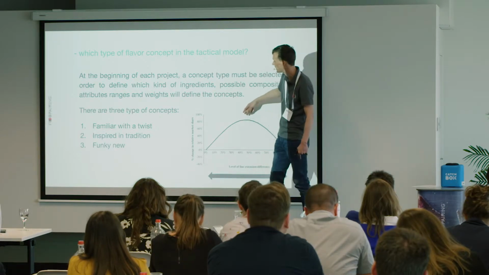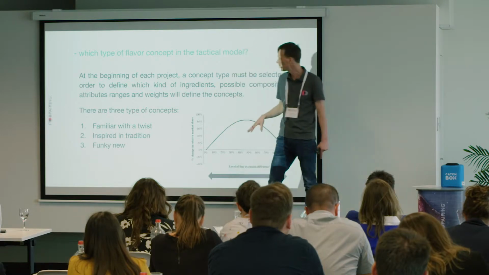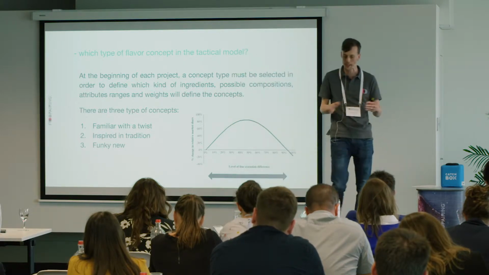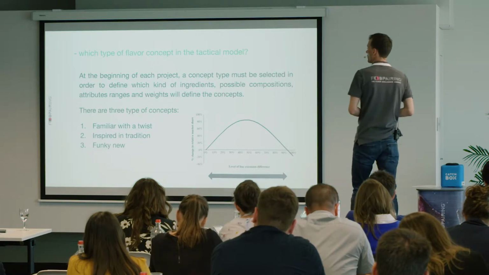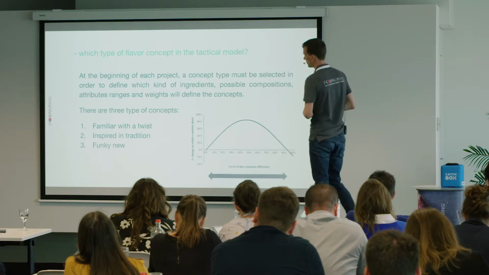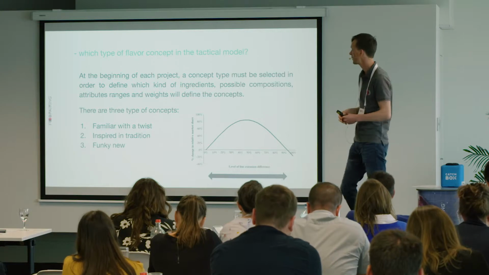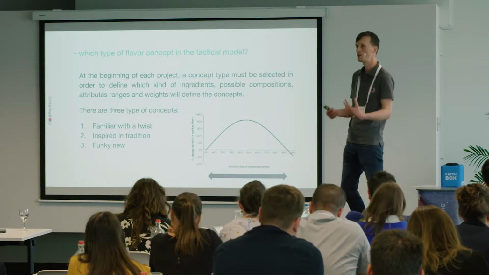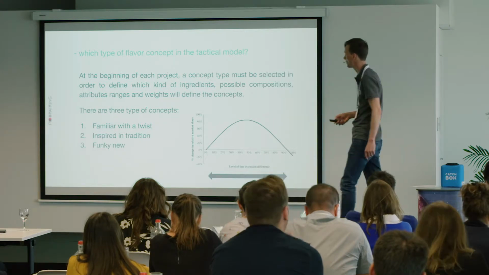This is more familiar with a twist, and if it's lower, then it's more inspired in tradition. So depending on your current portfolio, we can extract how novel your portfolio is and what type of concept we should work on. Of course, you can also decide that the current novelty is not what you aim for, that you want to go higher, and then we can adapt the concept.